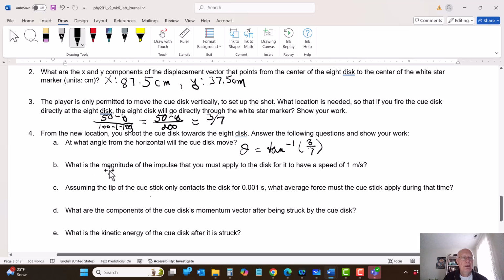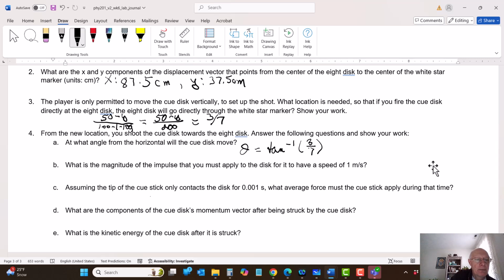Okay, so B, it asks, what is the magnitude of the impulse that you must apply to the disk for it to have a speed of 1 meter per second? Well, the impulse is just the change of momentum. So we write the impulse is the change of momentum, which is the final momentum minus the initial momentum.